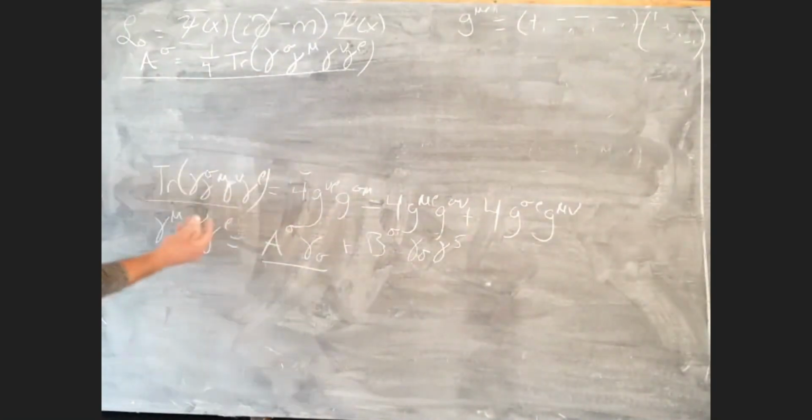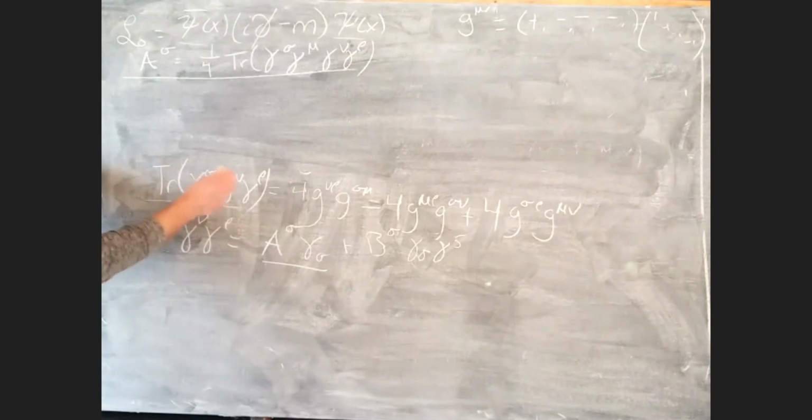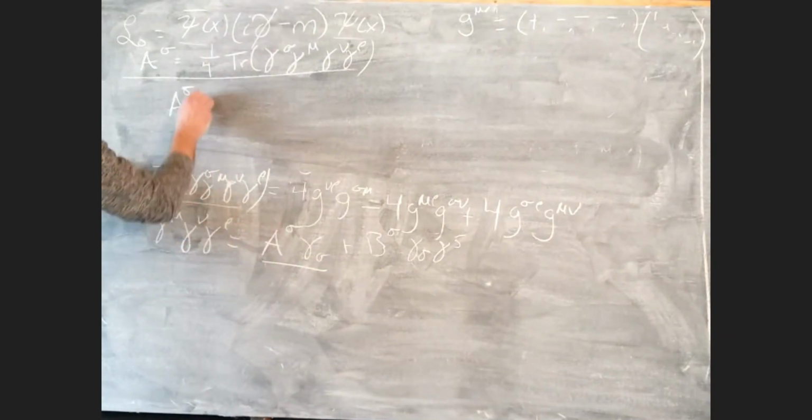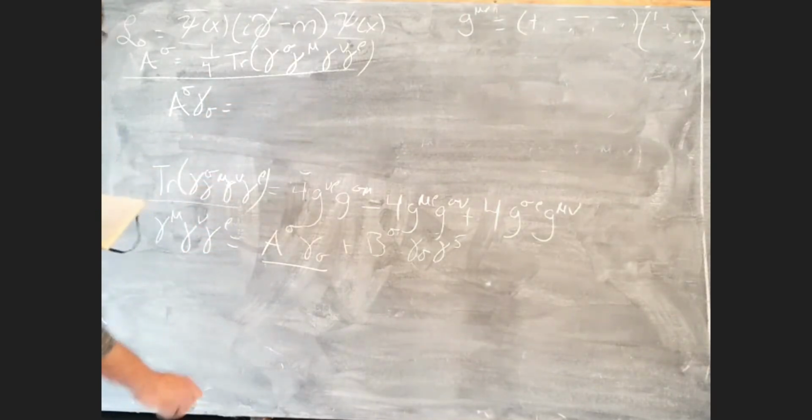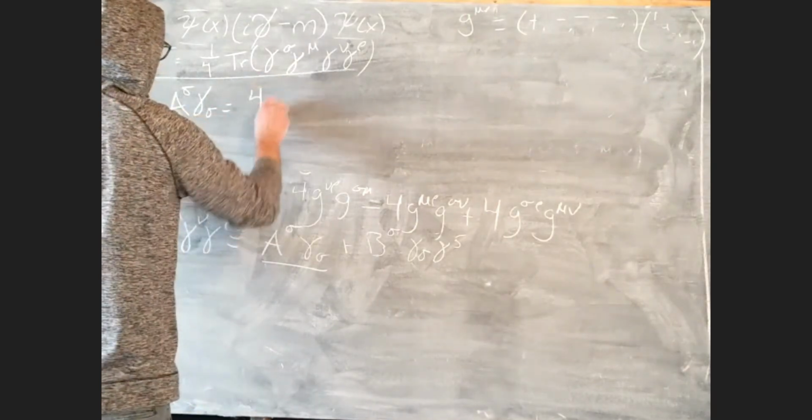And we get, we're going to look at this. And that's basically the following. We'll pull the 4 all the way out.